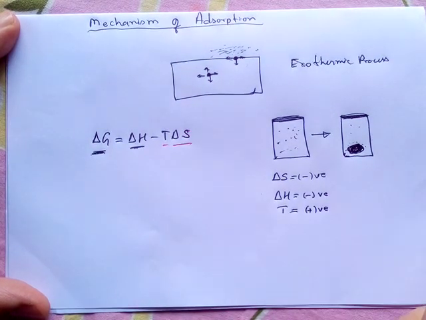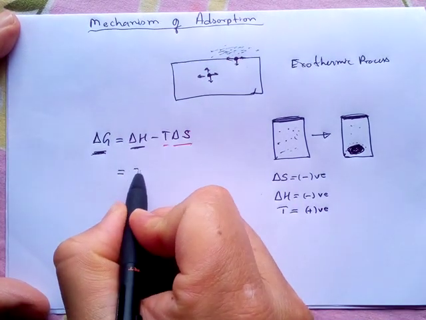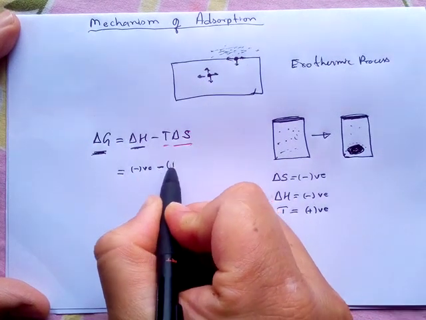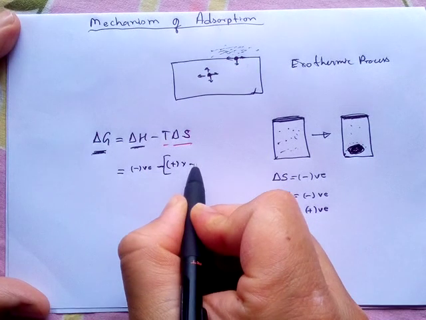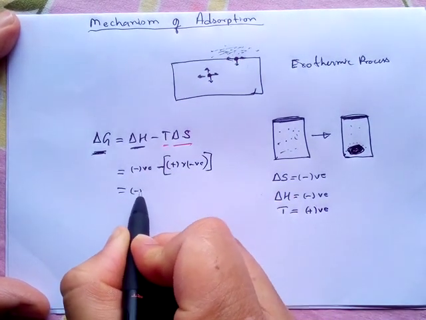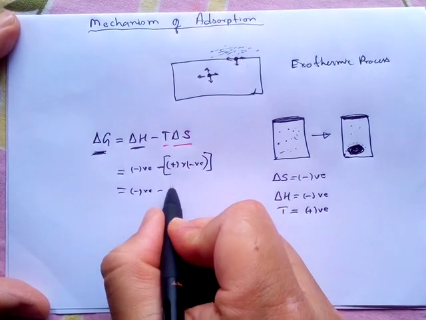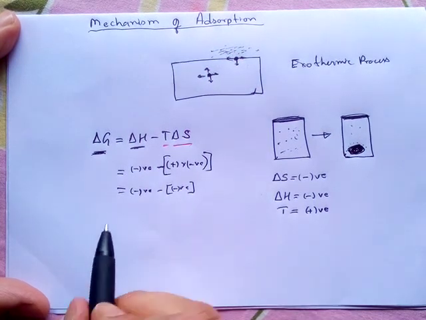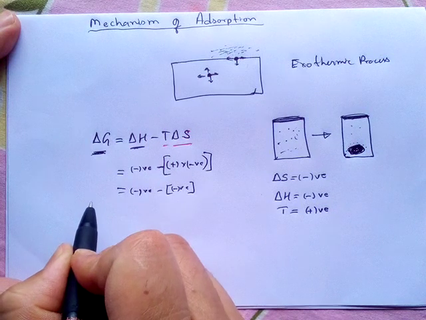Now if we put these values here, we get a negative value minus a positive value into a negative value. Plus into minus means it's a negative value, so again a negative value. Now remember, what will delta G be, positive or negative?